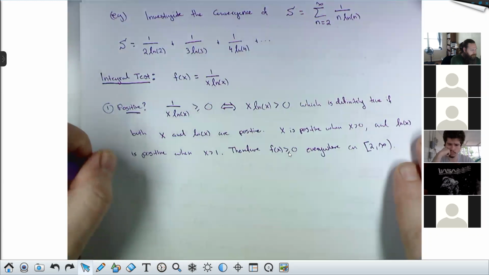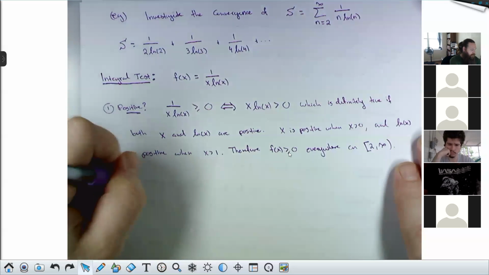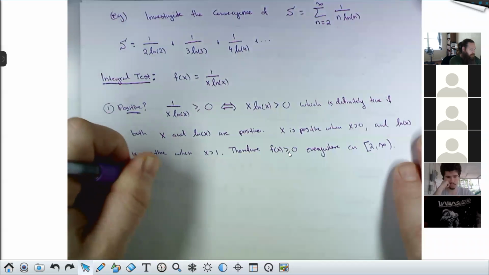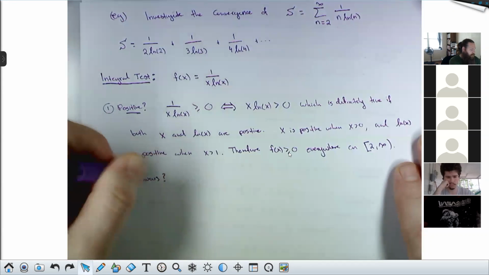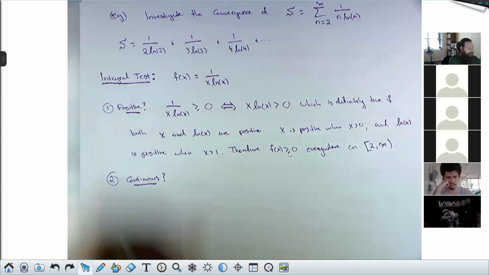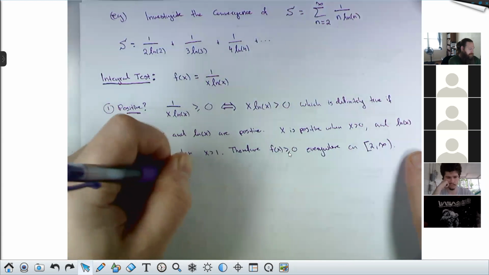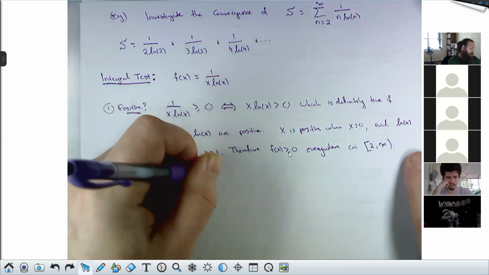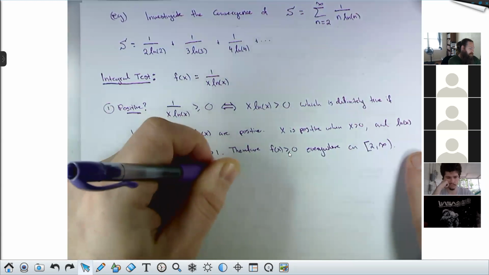Is this function continuous? Yes. Well, yes, but not everywhere. Remember, the idea here is I want you to tell me where the function is discontinuous and then verify that those numbers are not in the interval in question. It's not defined at 0. Good, where else? Oh, at 1.